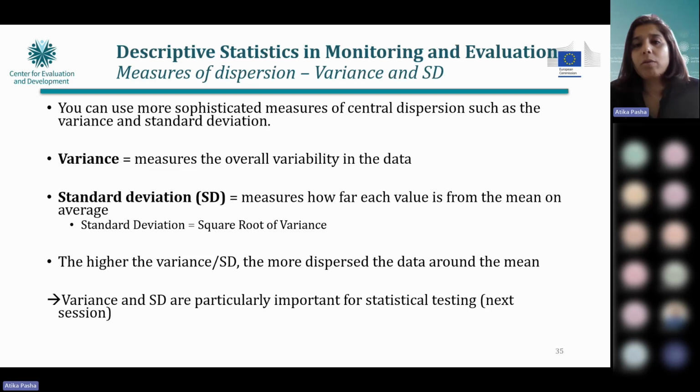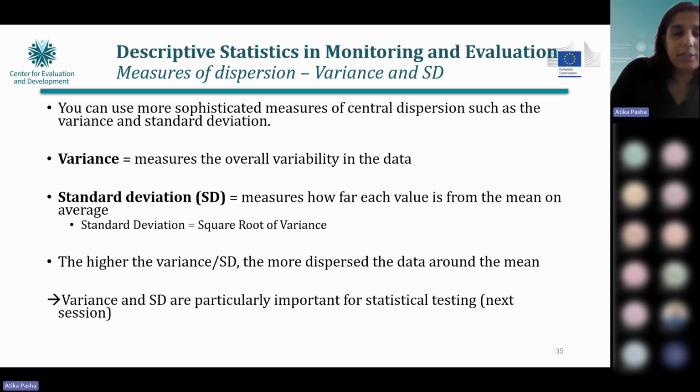Another measure, or the more standard measure that we observe in our reporting, is variance or the standard deviation. I'll just briefly go into what these two methods are. Variance is simply the overall variability of the data, to say it very shortly. To give you a more intuitive example, let's look at standard deviation.